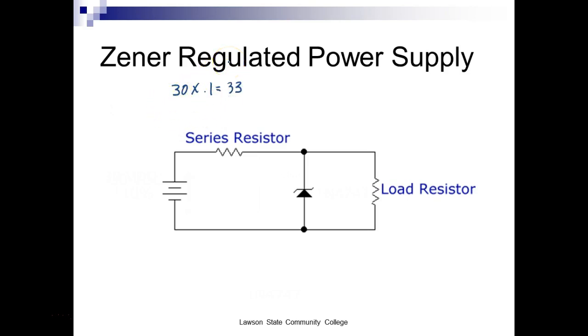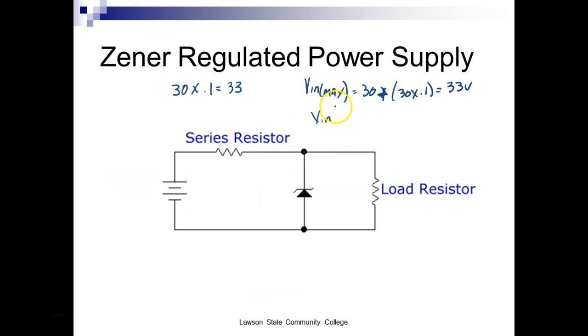Plus or minus. So we're saying V in max is going to be equal to 30 plus 30 times 0.1, right? Which gives us 33 volts. That's RMS, right? Oh, wait, I'm sorry, this is DC.